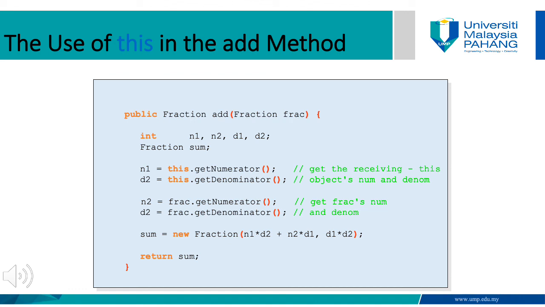Then these values will be stored and used when you want to do the summation, which is sum equals new Fraction of n1 times d2 plus n2 times d1. So for n1 and d2 here, you will get the value that you stored by calling this in the method.